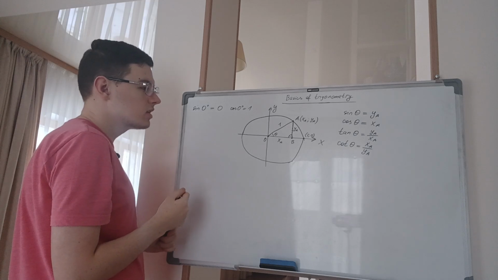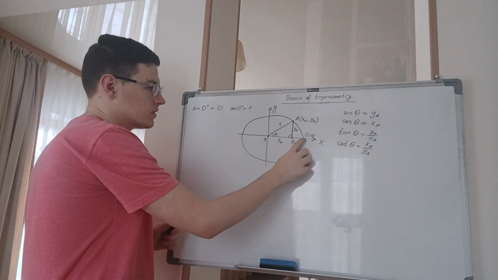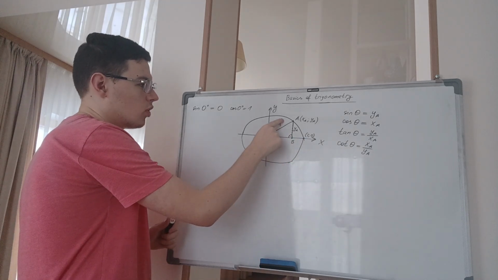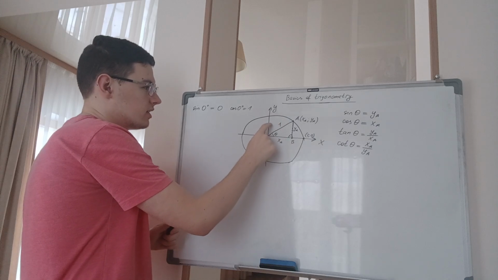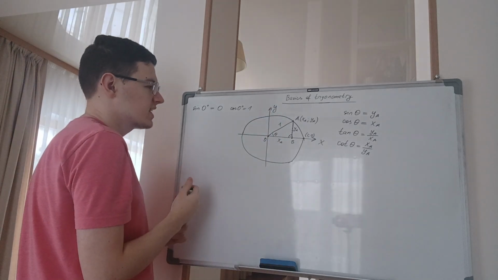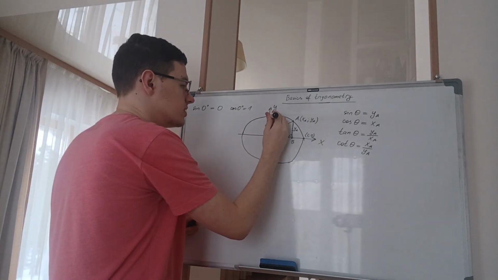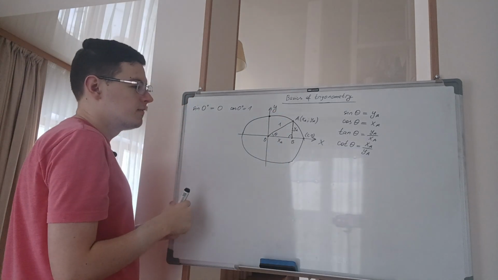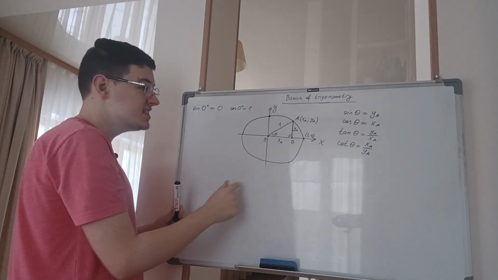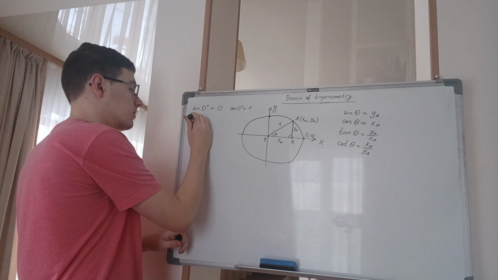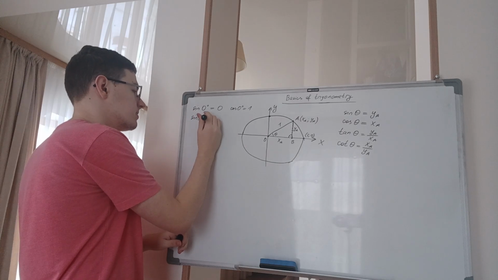So as long as we go to the intersection of the circle's curve and the OY-axis, it is here, the value of the sine function increases till 90 degrees.